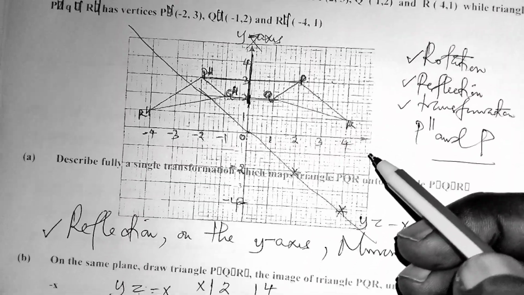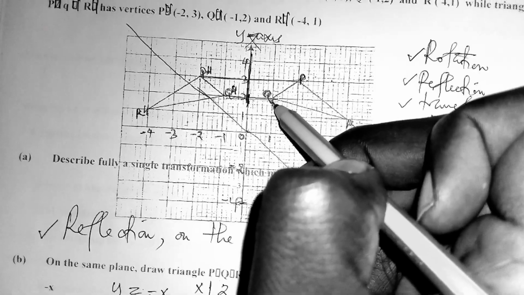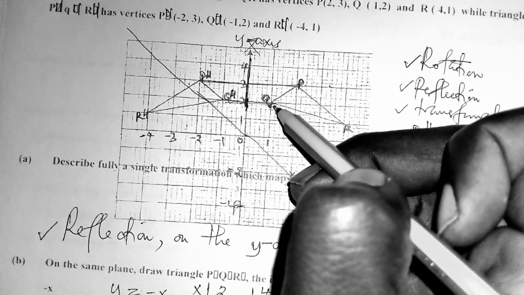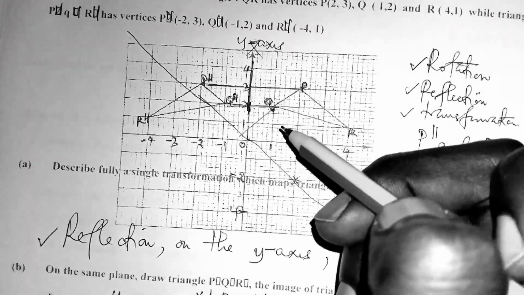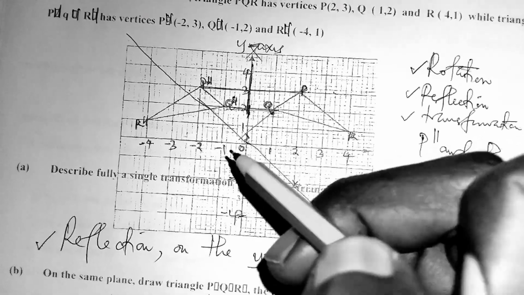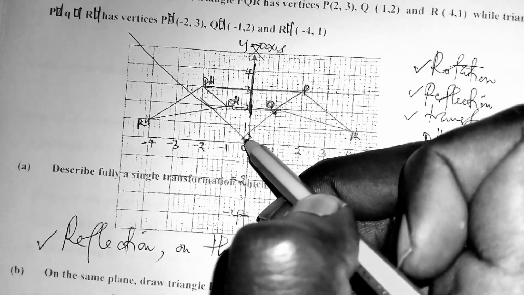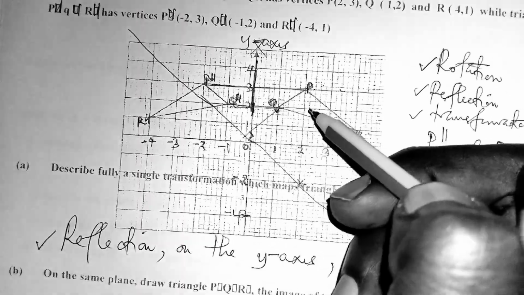So you will connect the corresponding points, point P or point Q here, to your mirror line. It will meet at 90 degrees. This distance and the other distance should be the same.